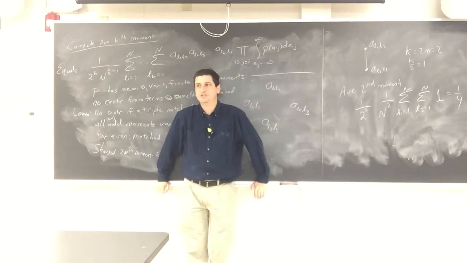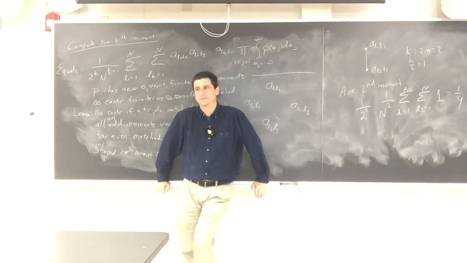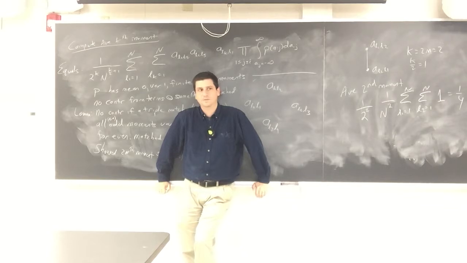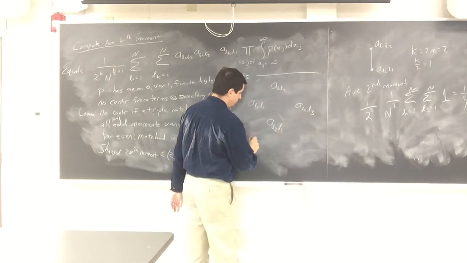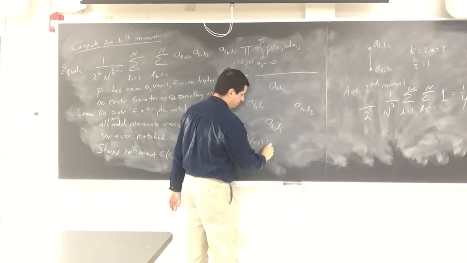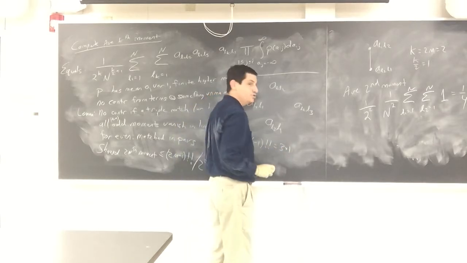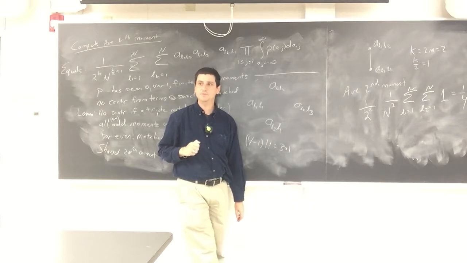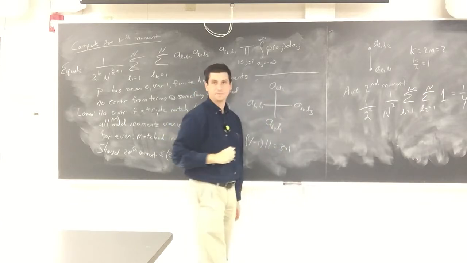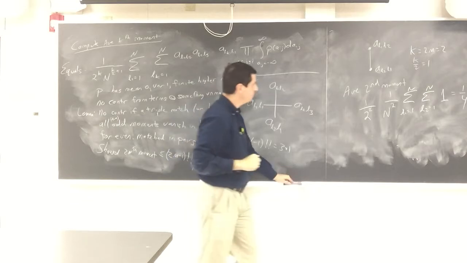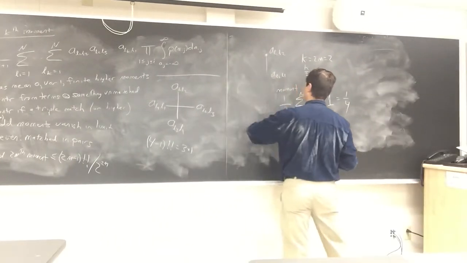How many ways are there to match these in pairs? Three. Remember, it's supposed to be 4 minus 1 double factorial, 3 times 1. So there should be 3 ways to match them in pairs. Can somebody give me one way to match in pairs? Okay, so one way is the cross. The other 2 ways are actually equivalent.